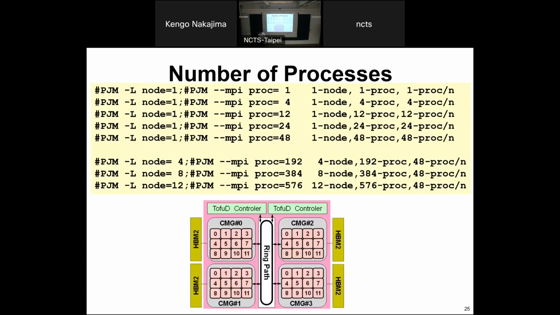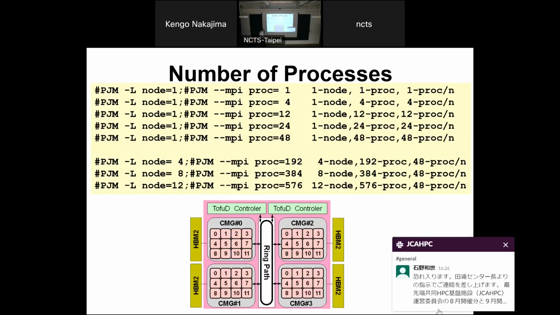Well, actually, you can change the number. Because in this class, you can use up to 12 nodes, okay? That means you can use up to 576 cores. This is a node, and this is an MPI block. You can use up to 48 MPI processes on each node, okay?